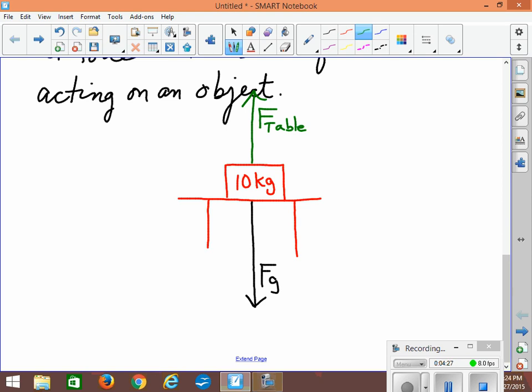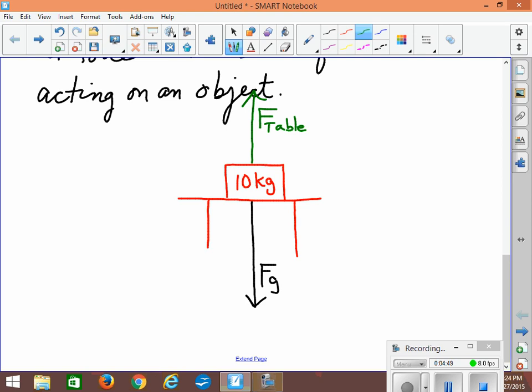So the force of the table is pushing back, and now you can see that these two forces are balancing each other out. They're working against each other, and that's why the box is not moving anywhere. It's because the table force and the gravity force are matched. So we would say that the net force is 0 at this point.